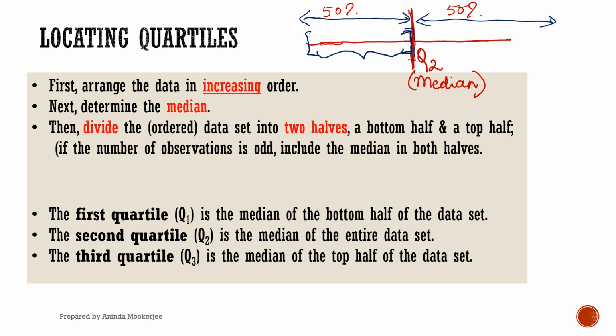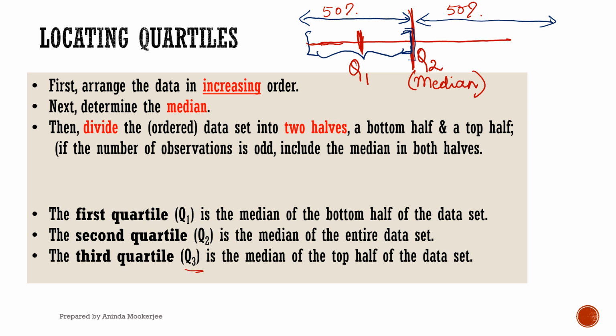The median should be located right at the center of this first half of the data, and we will call that Q1. Again, the process of finding Q1 is the same as finding the median. The only thing is you are working with just half of your data set on the left hand side.